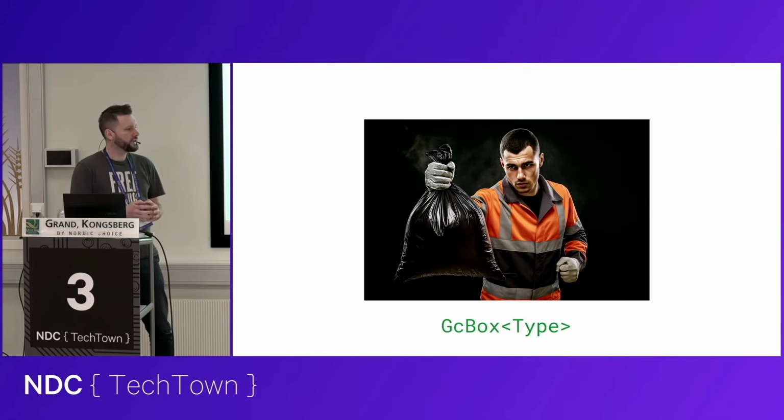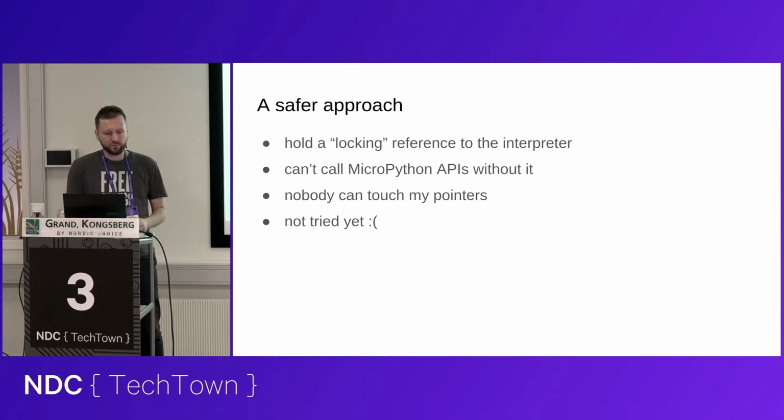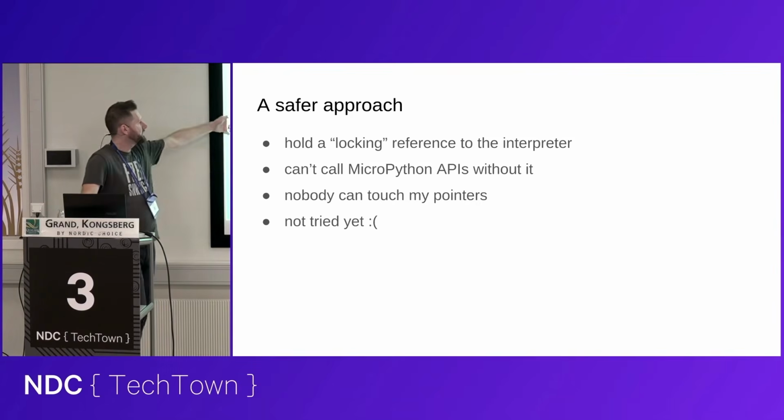And this would mean that I can never store it in a global or anywhere outside the interpreter, because when my interpreter instance goes out of scope, this would be invalid, so the Rust compiler wouldn't let me do it. So we haven't tried it yet.